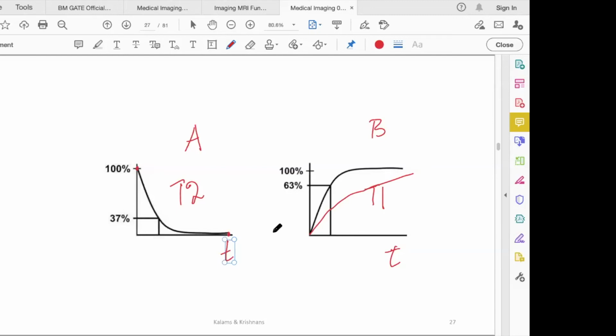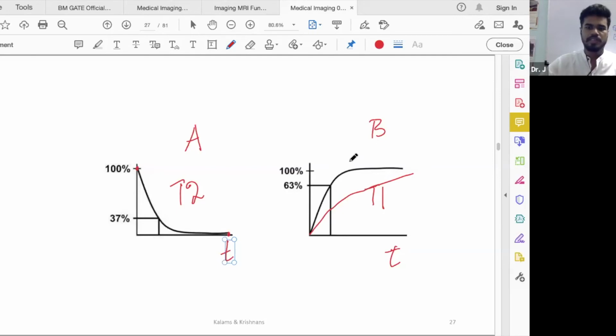Yes. Okay. Thanks for the answer. So what he's saying is, say this is tissue 1, this is tissue 2, the red curve over here. They will have different relaxation times. So the rate at which it goes to 100% is different from the rate at which this goes to 100%, because their relaxation times are different. If we were to make any measurements over here, this difference will show up as a contrast in the image.